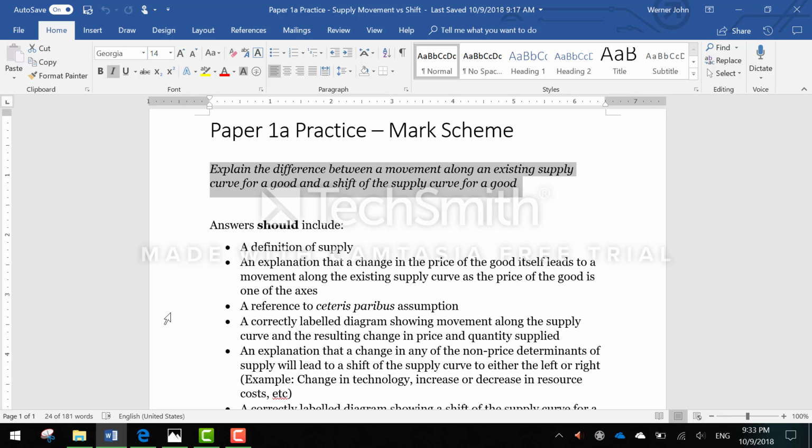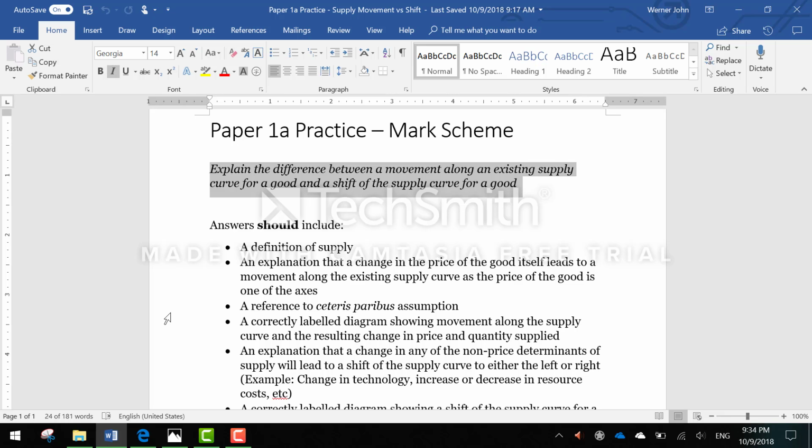Some reference to ceteris paribus should be made, whether explicitly or implicitly. I think I would accept you saying that there's a movement along the supply curve, all else being equal, or all other things equal, or you could say ceteris paribus.